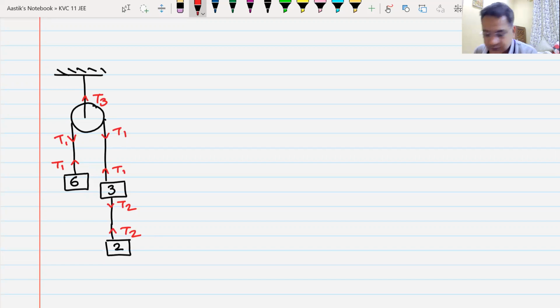No one knows? The 6 kg block is going to move down, and both of these blocks are going to move up. Yes or no?